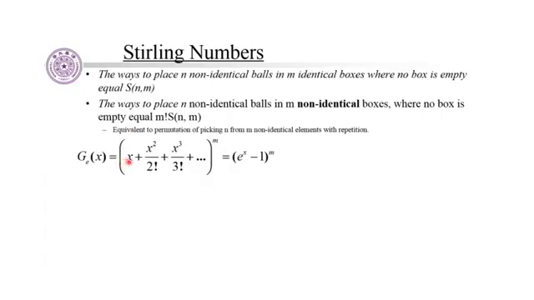So we can write the generating function for one box as x plus x squared divided by 2 factorial plus x cubed divided by 3 factorial and so on, and there are m boxes in total, so this generating function should be raised to the power of m. The expression inside is actually equivalent to e to the x minus 1. So the exponential generating function becomes (e^x - 1)^m.